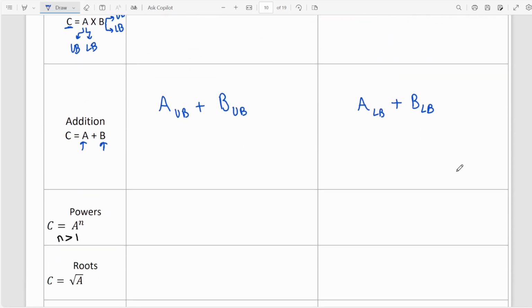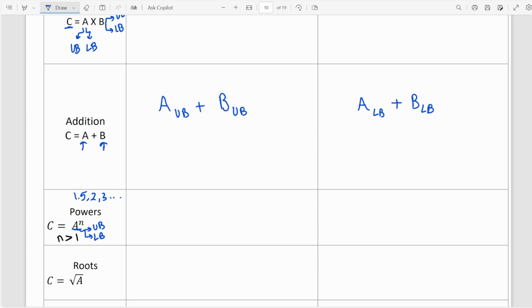Okay? Now, powers and roots. Let's say that C is equal to A to the power of N, where N is bigger than 1. N could be any number bigger than 1. It could be 1.5, it could be 2, it could be 3, and so on, okay? Now, A has an upper bound and a lower bound, okay?